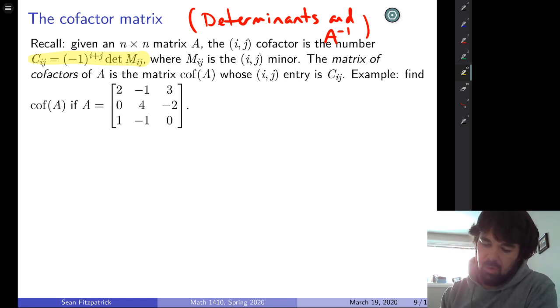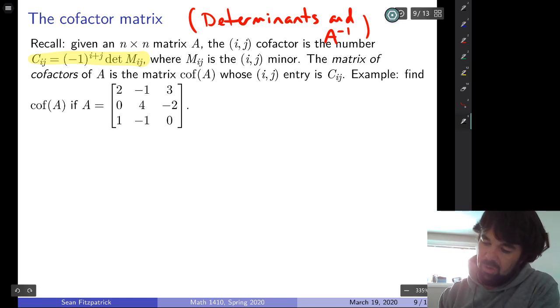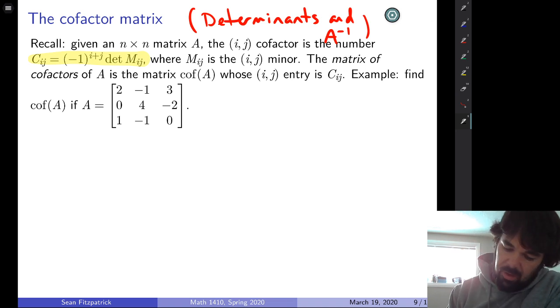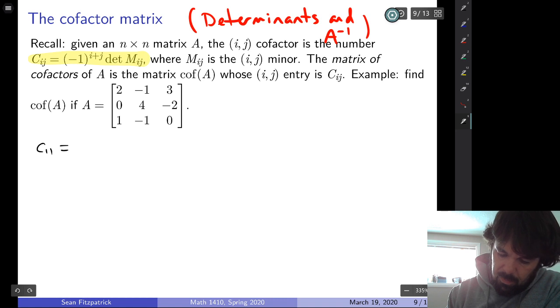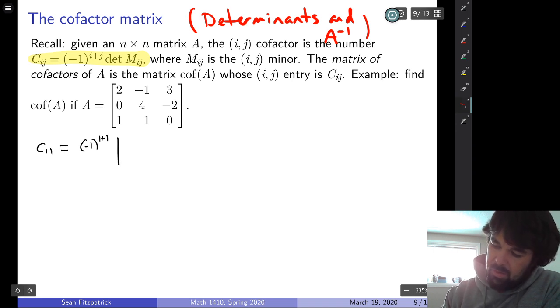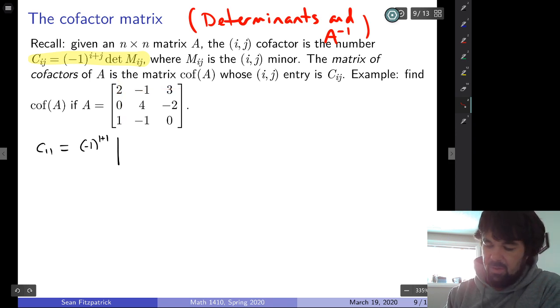Just to give you an example, here's a 3 by 3. Let's do this longhand so we get the hang of it. So C11 is minus 1 to the 1 plus 1 times the determinant that I get when I delete row 1, column 1. I'm hoping this will also help nail down this idea of cofactor.